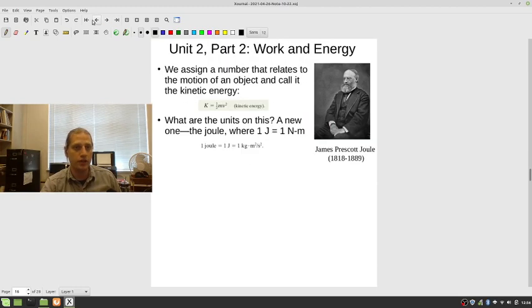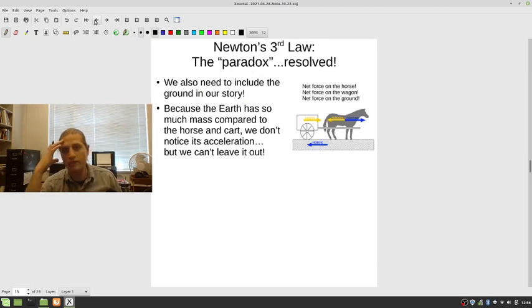And the answer is because you have this other big mass around. So if you have just the horse and the wagon hanging out in outer space, and that was it, the paradox would not be a paradox, it would be true. The horse and the wagon could not just accelerate without something else to push off of.